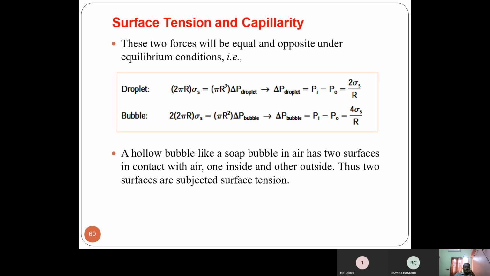Then 4 sigma by d into 2 is 8 sigma by d. So directly, for a water bubble the pressure difference is 8 sigma by d. For a droplet, the pressure difference is 4 sigma by d.